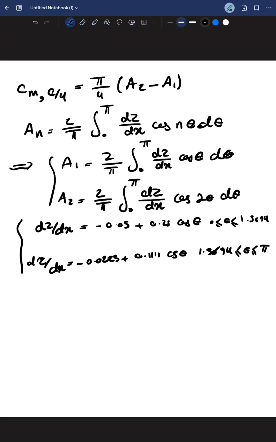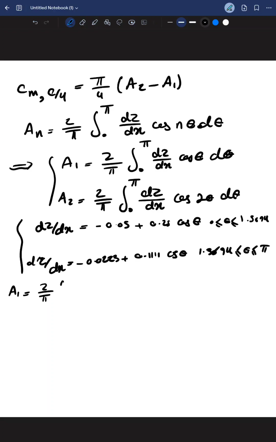The second integral is a bit more difficult because we are dealing with cosine squared and cosine of 2 theta. So what should we do here? We just have to do the integrations. Okay, for A1, plug the numbers in.